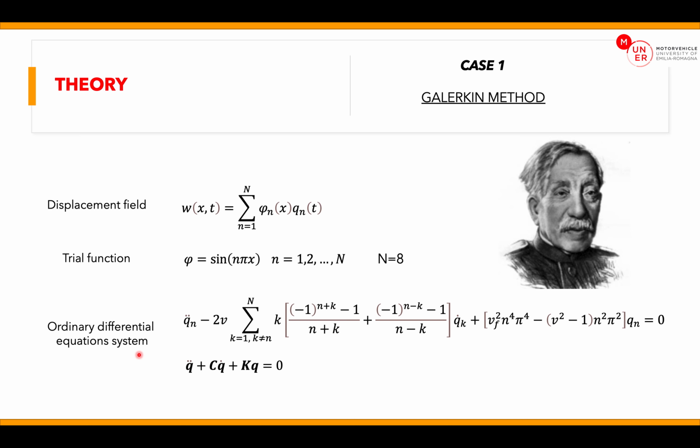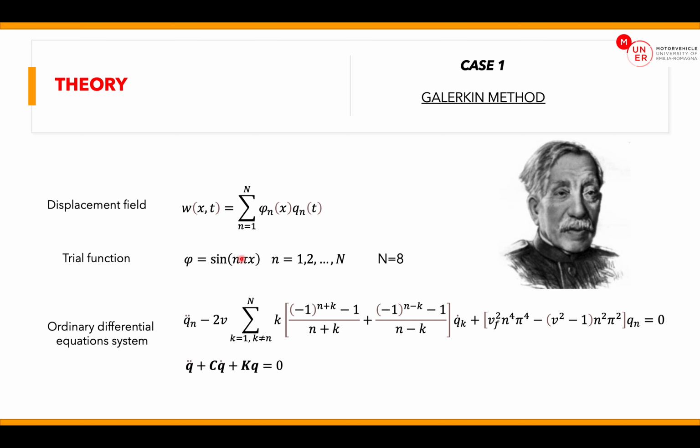To simplify the solution of the problem, we used an approximated method, the Galerkin method. The displacement is expanded in a series of suitable trial functions from 1 to n, where n is equal to 8. As trial functions, we chose the ones of the static problem, which are the sine functions, and they must respect the boundary conditions.